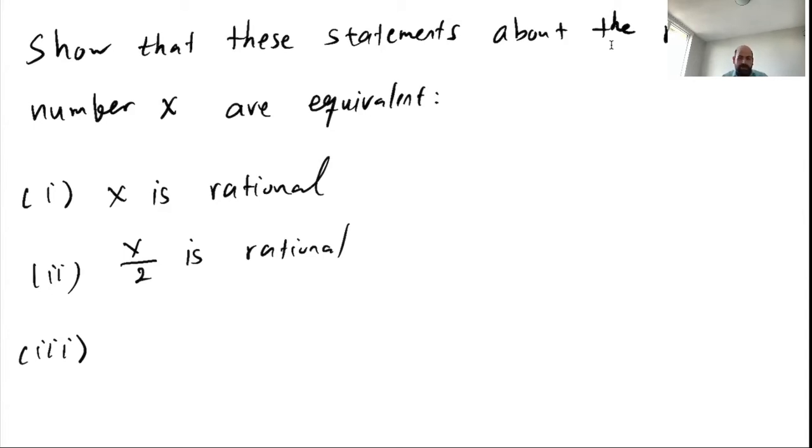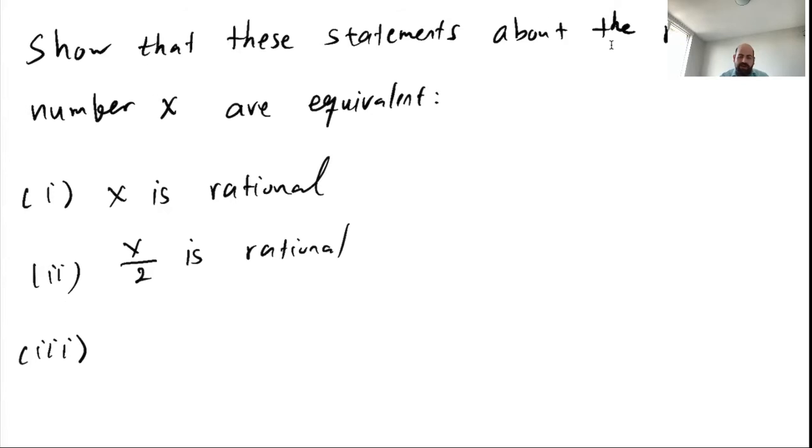See, it could look a little bit confusing. Why did we say x over 2 because a over 2b here? And why did we say x over 2 because a over b here? Well, in the previous part, 1 to 2, I started with x itself because that was my assumption. My assumption was x is rational. So I started with x itself. I wrote as a over b, then divided by 2, x over 2 became a over 2b.